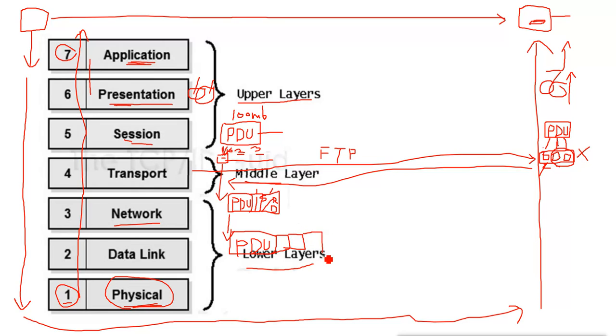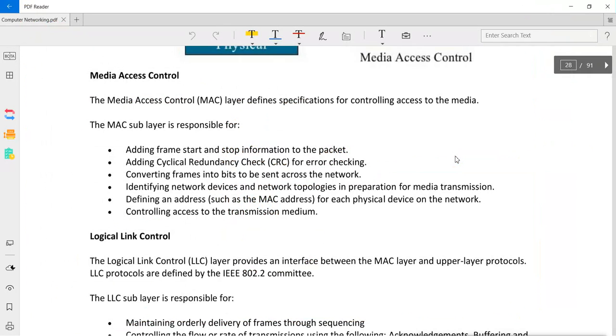Now it adds one more header where it adds the media access control information, like source and destination MAC addresses. Remember I said in a local network, the communication will be done on MAC addresses. So it added the source MAC address of the source machine, then the destination MAC address of the destination machine, that means the machine which is going to receive the data. Also it added one more thing, that is CRC.